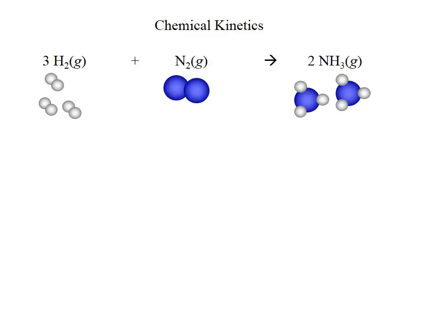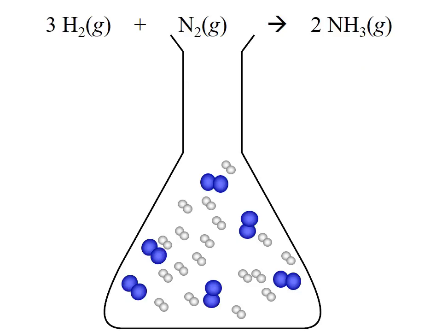Here's our reaction. 3 molecules of hydrogen react with 1 molecule of nitrogen to form 2 molecules of ammonia. Let's put our reactants in a flask. Here you see only hydrogen and nitrogen in our flask. We're starting with only reactants, no product. Now this reaction will proceed at some rate. Let's say it's a rate that's something like this.